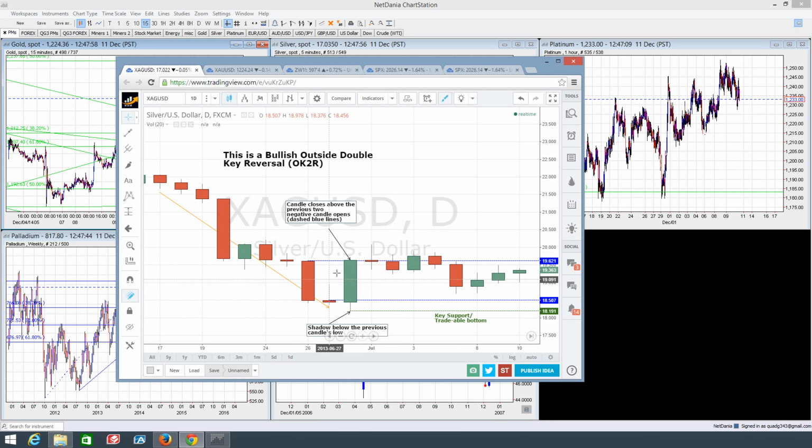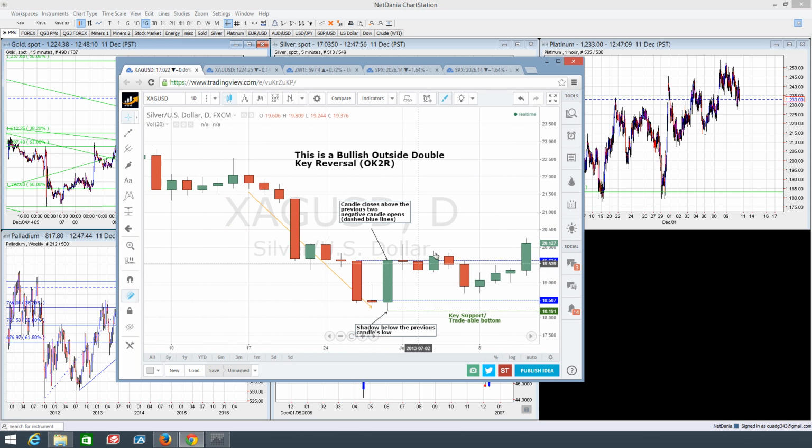So that's an OK2R. And then from that point, that set a key support and a tradable bottom right here at about $18.19. So the market came up a bit, not much in the way of fall through right off the bat, but it did dip down, give a nice, fairly low risk entry for a long position.